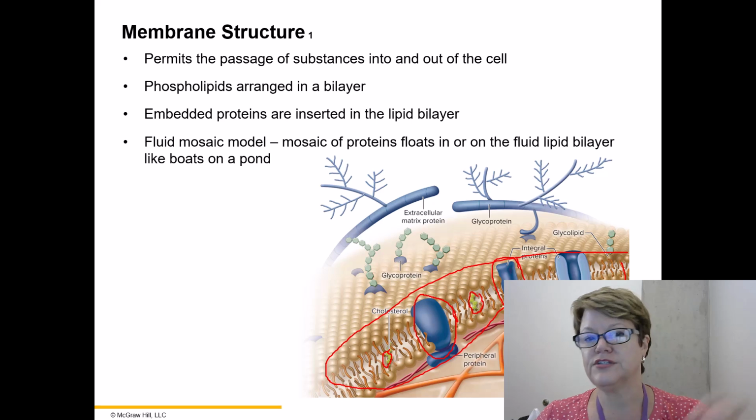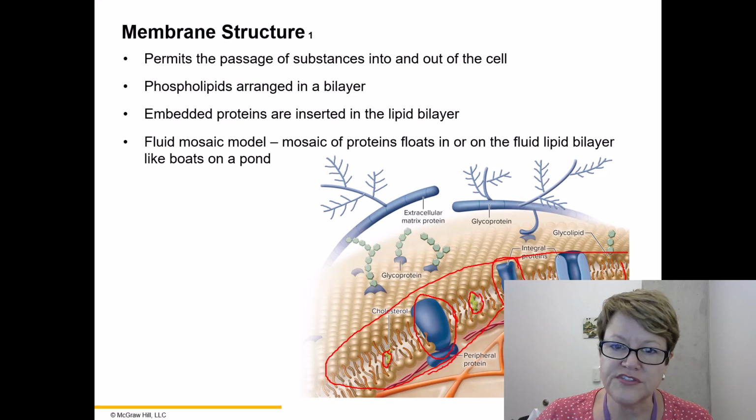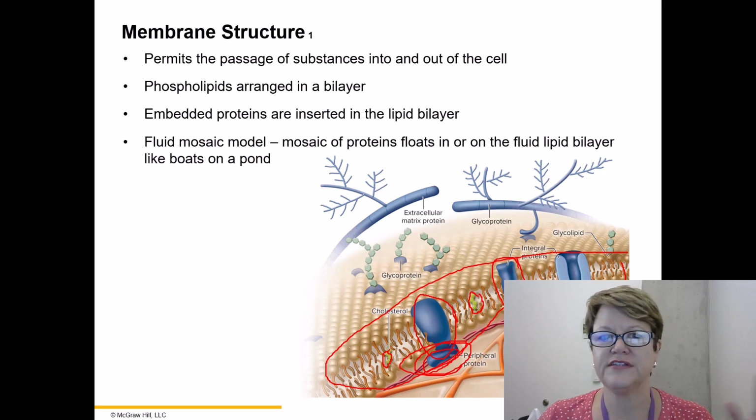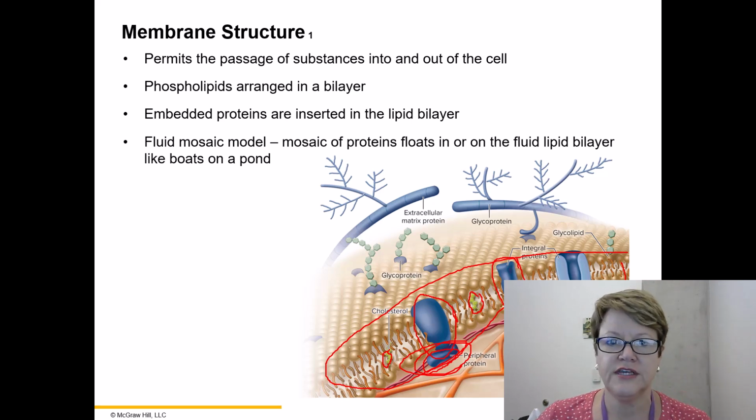Transmembrane actually go all the way across the membrane, and they poke out on both sides. And some proteins, though, are just sort of stuck on one side. They don't really extend into the membrane at all. Those are called peripheral. So you have these integral or transmembrane proteins that go through the hydrophobic section, and you have peripheral proteins that are sort of stuck either on the inside surface or on the outside surface.